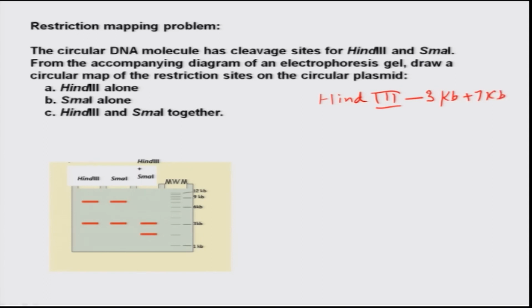Also, as you see in the second lane where a single digestion with SMA1 has been done, it also gives a 3 kb plus a 7 kb band, and a double digestion with Hin3 and SMA1 gives two bands, one of 3 kb and one of 2 kb.